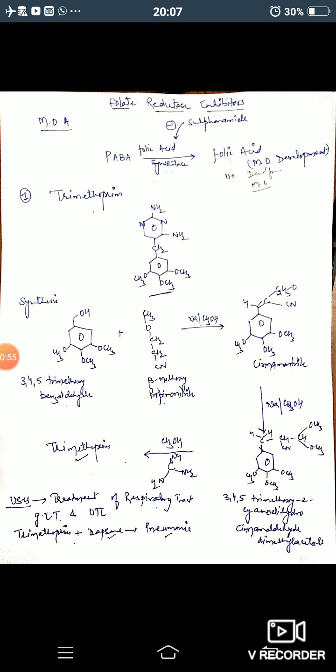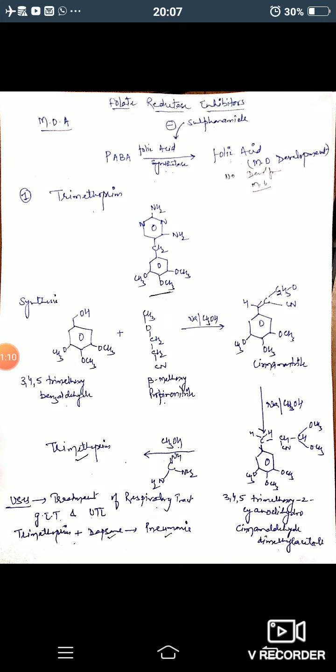If the sulfonamides inhibit the folic acid synthetase enzyme, then PABA is not converted into folic acid, and this stops the development of the microorganisms. So, this is the main mechanism of action of the sulfonamides.